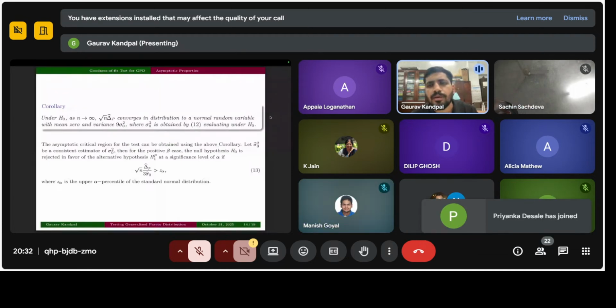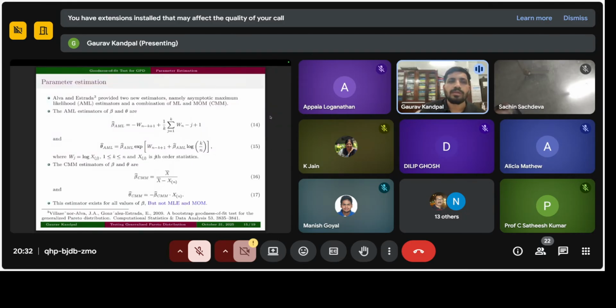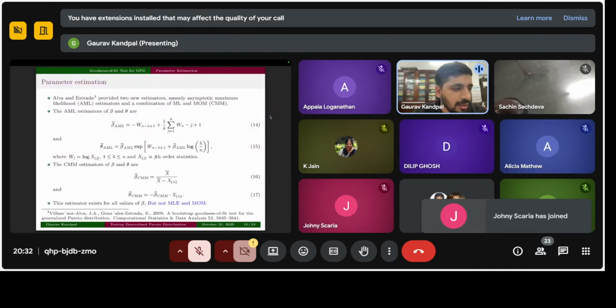Similarly, we can find the asymptotic distribution for the negative case also, because that test statistic is also based on U statistics.